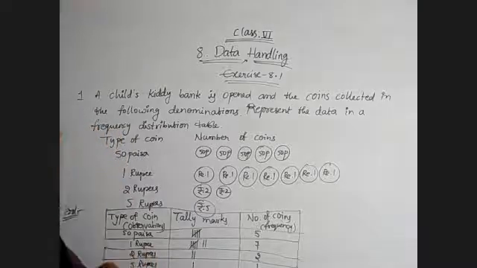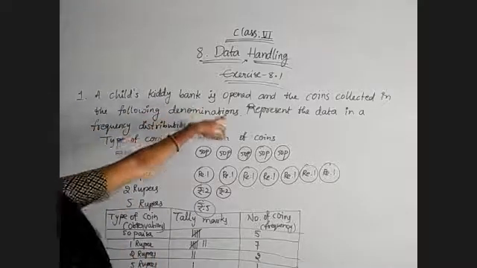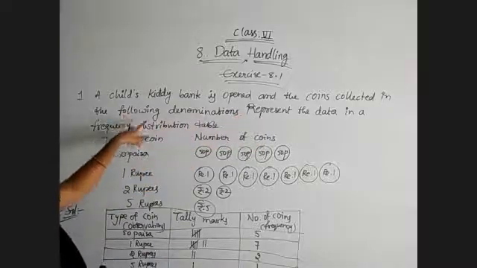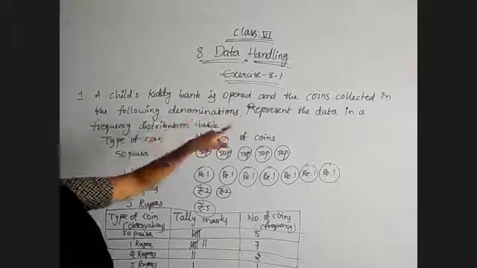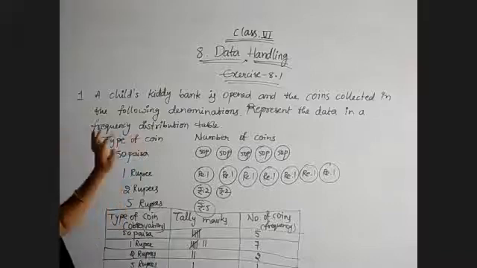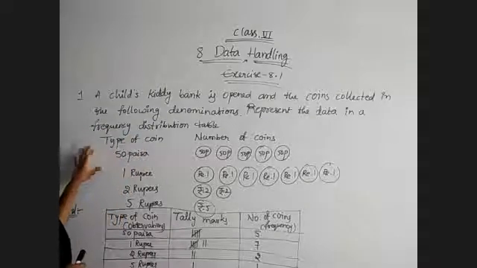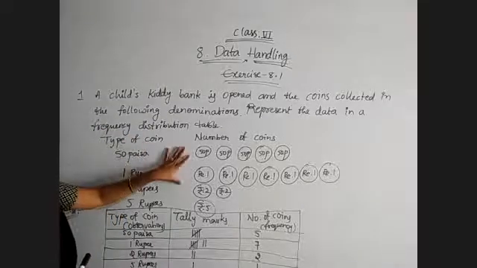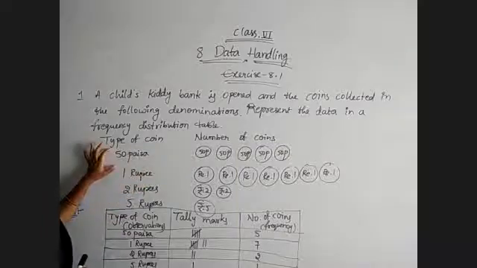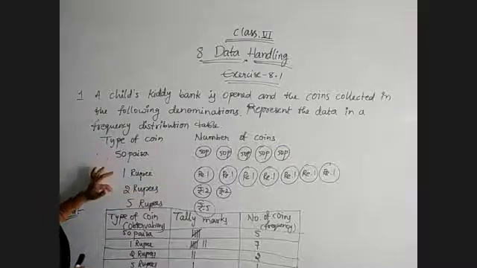So just once again observe this question. A child's kiddie bank is opened and the coins collected in the following denominations. Represent the data in the frequency distribution table. So here the data is given like this: type of coin and number of coins. Type of coins are 4 types given: 50 paisa, 1 rupee, 2 rupees and 5 rupees.